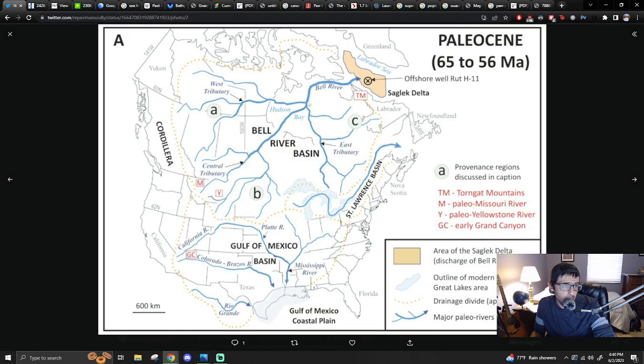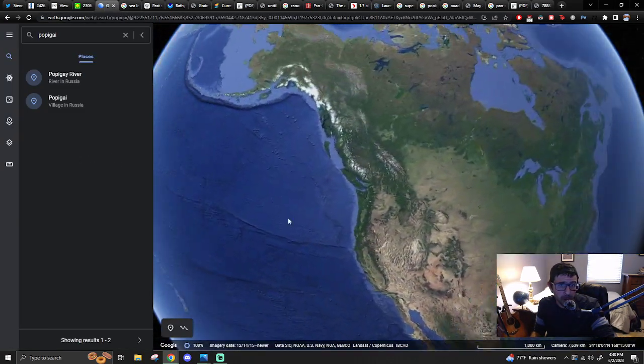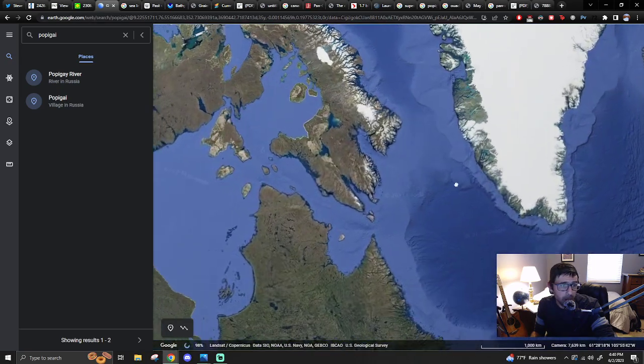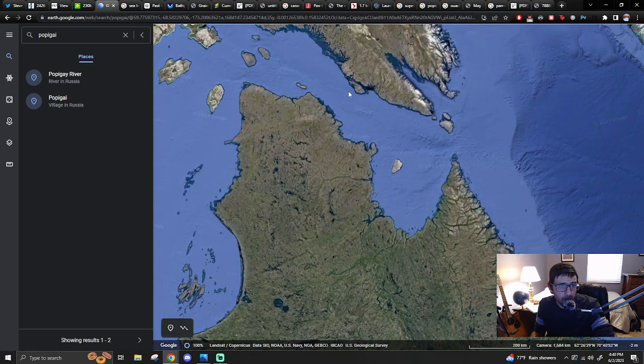But if we go this way, over here, this way, out. If we go look at Google Maps, let's look at this. Or not Google Maps. Can't really see what's going on. Like, we can see some things, but let's go here.